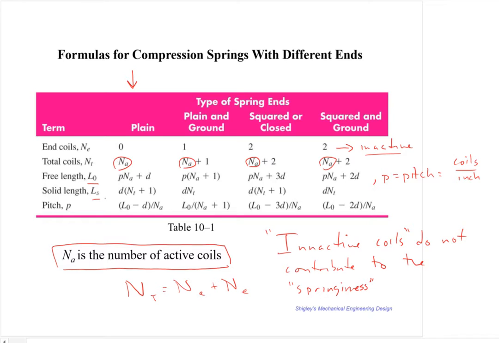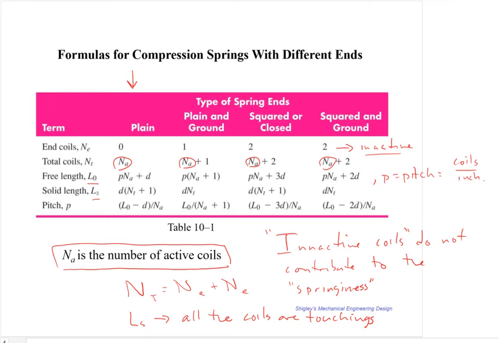The solid length is if you collapse the spring so all the coils are touching. So L sub S is the length at which all the coils are touching. Obviously, you won't get any more springiness out of that thing once you collapse all the coils.